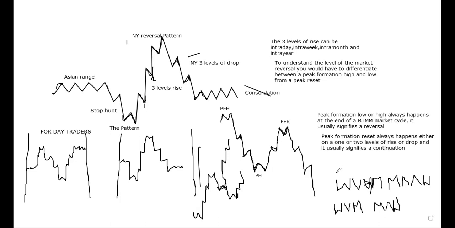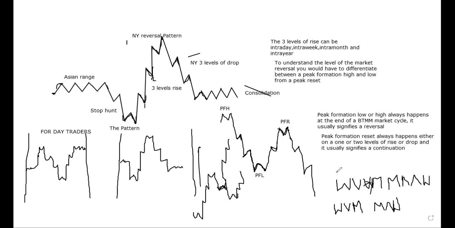It cannot move beyond that level again. Then you want to see another levels of drop. So if the market is at its peak formation low, that is, the market is at the oversold level, so low that it has gone to the lowest point that it can be sold from, then you want to have a three levels of rise.